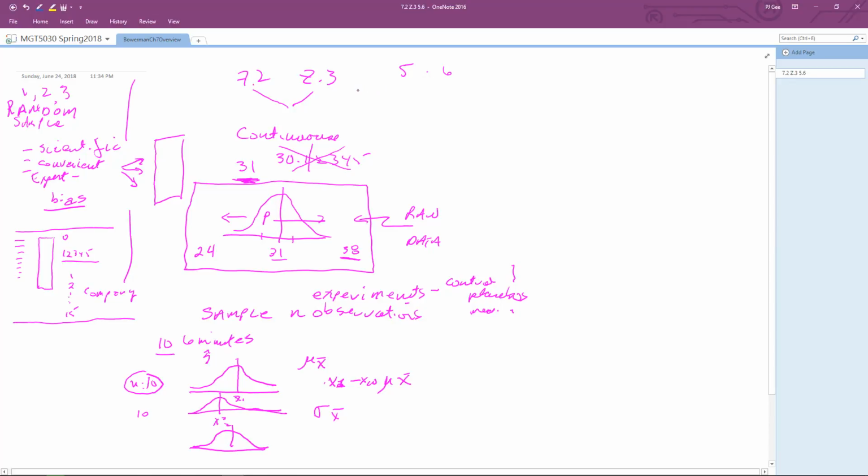7.3 relates to the binomial discrete function of chapter 5. Chapter 7.2 started out more on the continuous world of chapter 6. Okay, so what happens here in 7.3 is it's analogous to the similarities among 5 and 6.